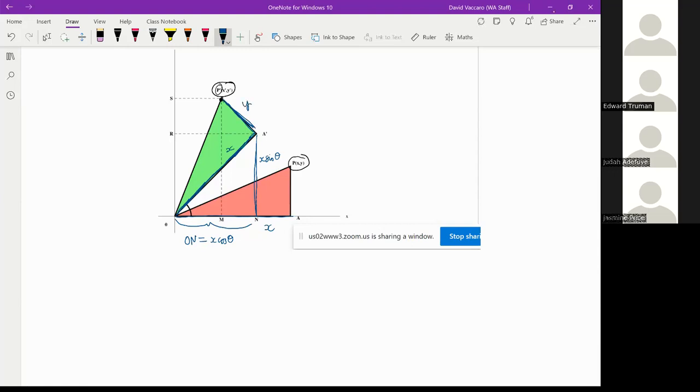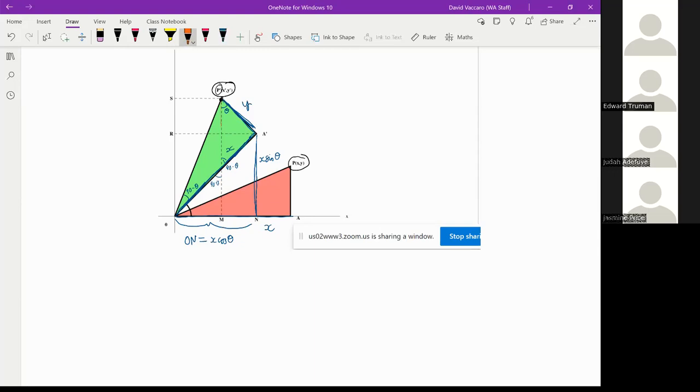We can do a little bit of angle chasing and say that this angle is 90 subtract theta. We can also say that this angle in here is 90 subtract theta. This angle in here is 90 subtract theta. So this angle up here is theta.